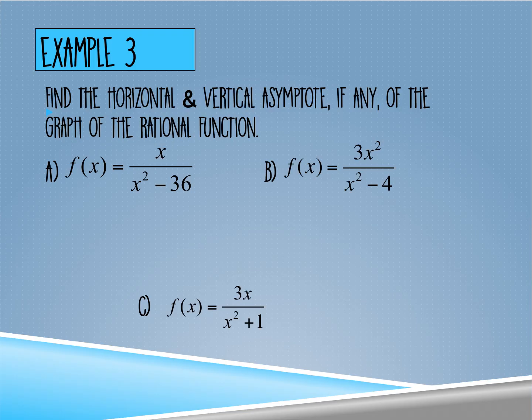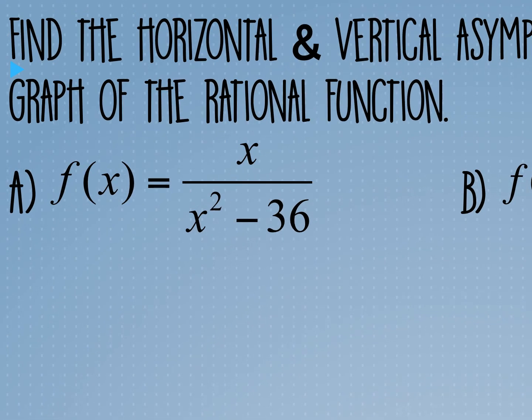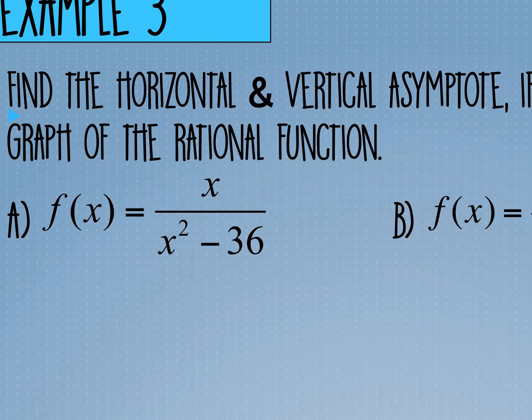Here we have to find the horizontal and vertical asymptotes, if there are any, for each. Let's start with the vertical asymptotes first. How do we find the vertical asymptotes? Set what equal to 0? Set the denominator equal to 0. So our denominator is equal to 0.